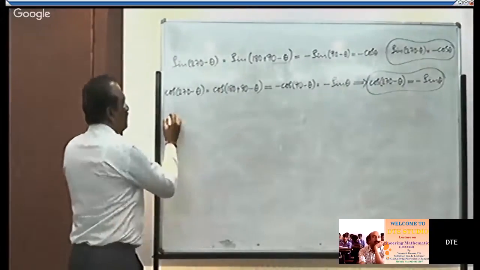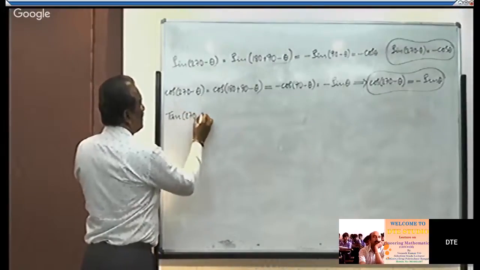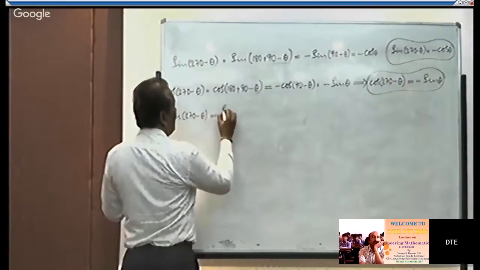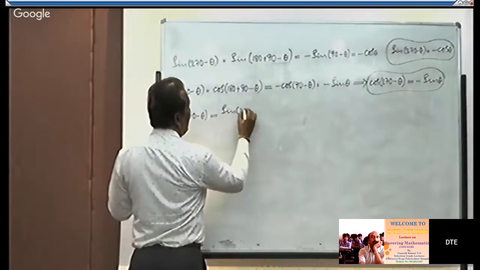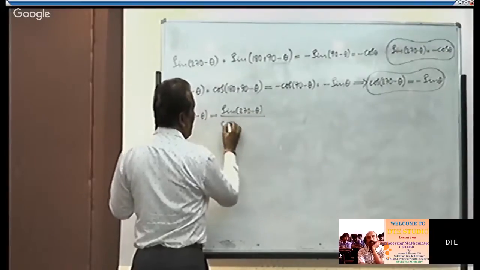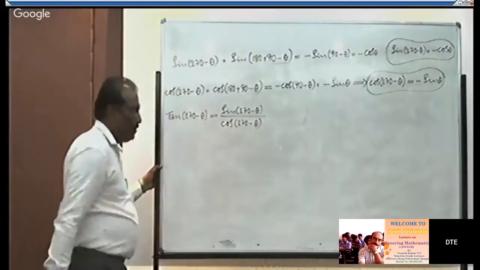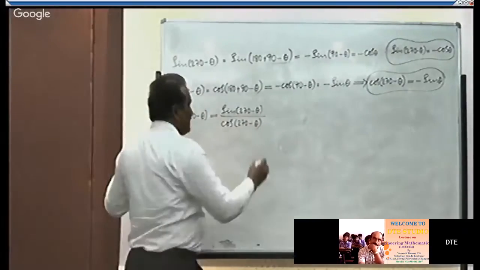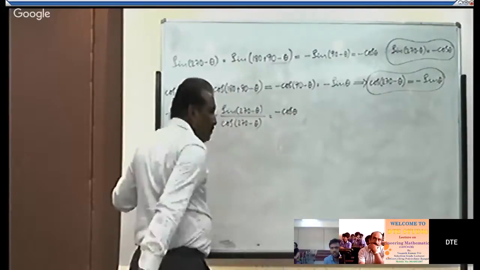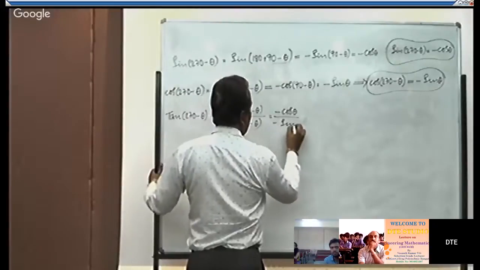Then tan of 270 minus theta, one can write as sine of 270 minus theta divided by cos of 270 minus theta. But we know that sine of 270 minus theta is minus cos theta, and cos of 270 minus theta is minus sin theta.